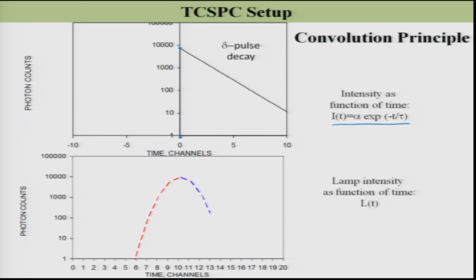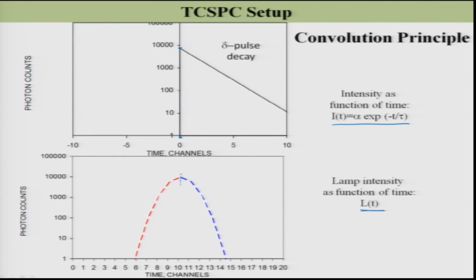But then I said that this cannot be delta, it has some pulse width, right. So let me take this L(t) as the lamp intensity as a function of time, which is denoted by this part, and I have taken this mid part as my time 0, right.